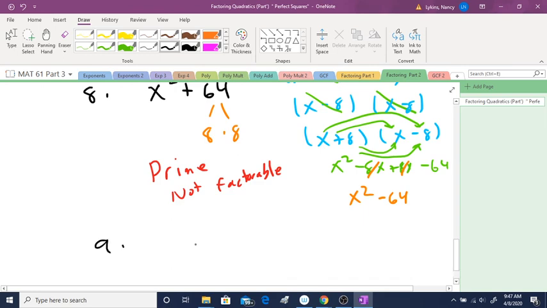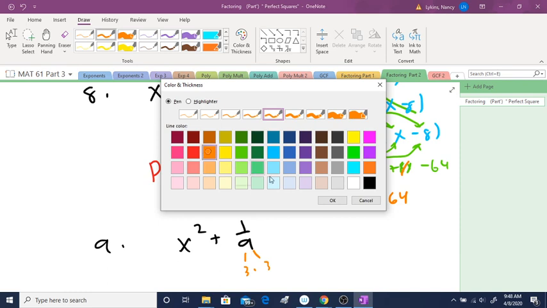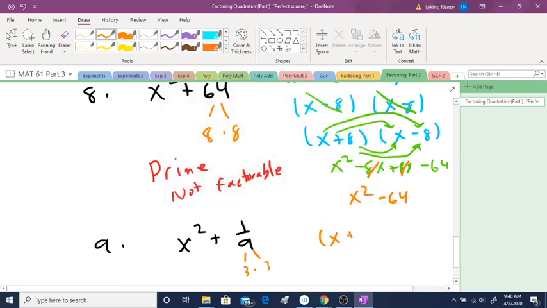And finally, take a look at this one. This is the same concept, except with a fraction. The 9 breaks down to 3 and 3. So this would be x plus 1/3. But then, it's the same concept.